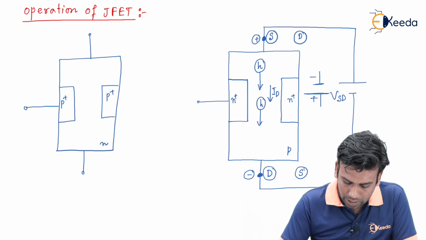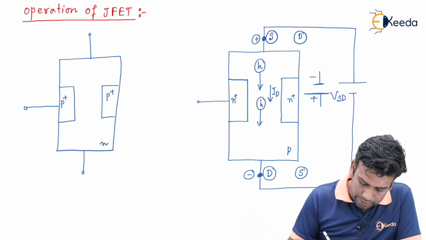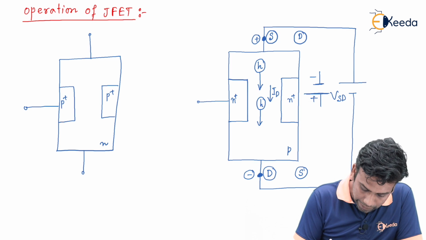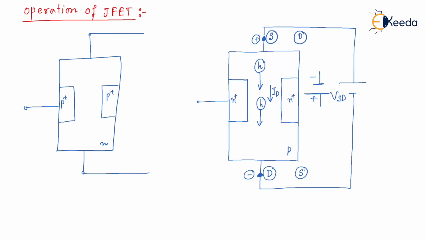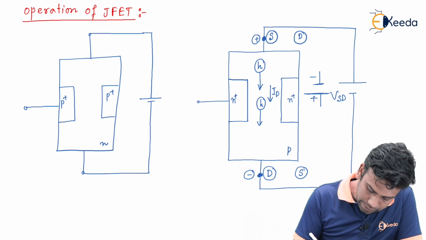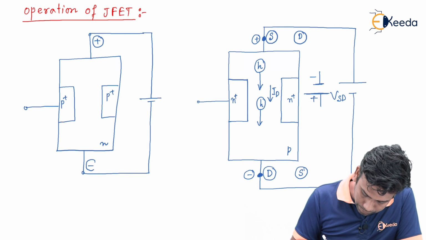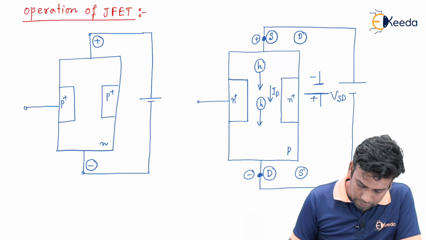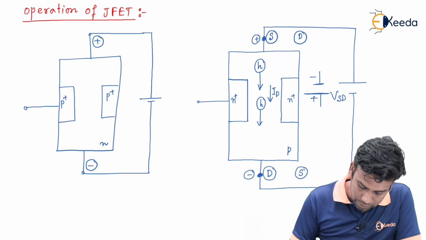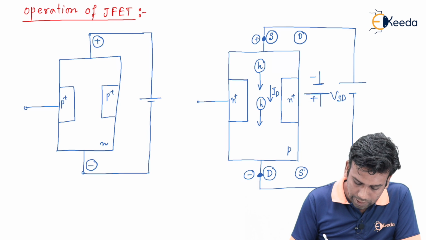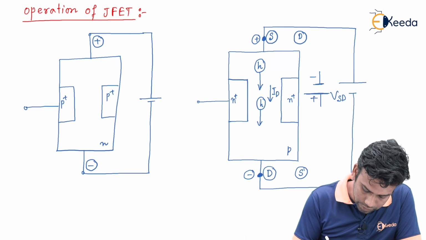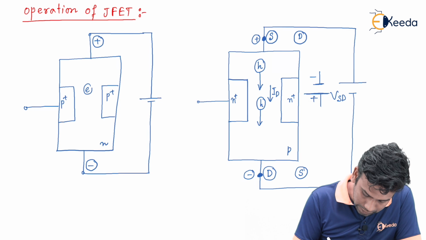Similarly, in this N channel JFET, if we apply a potential like this, there will be positive potential at this terminal and negative potential here, and due to this applied potential the N type material will have a lot of electrons inside it.